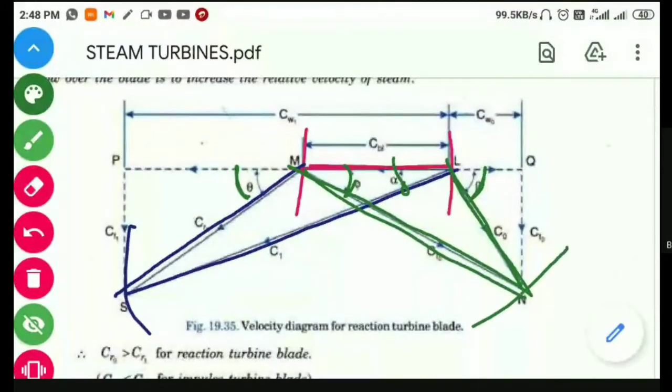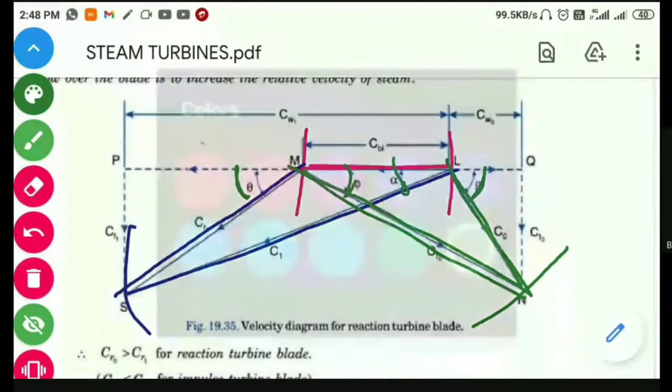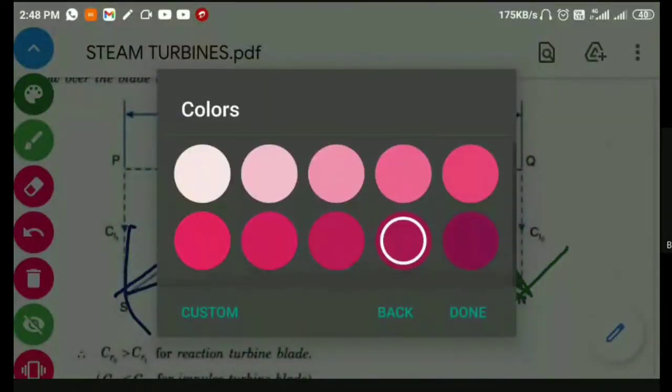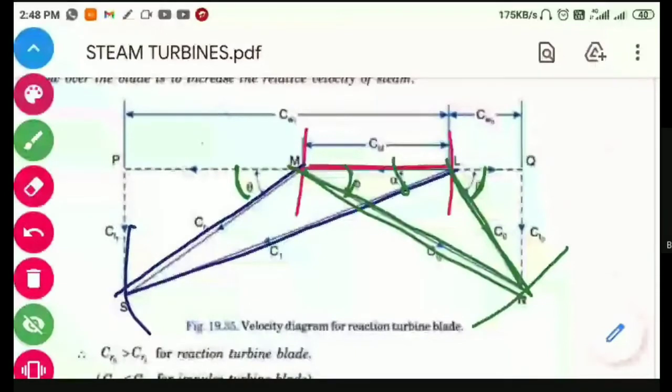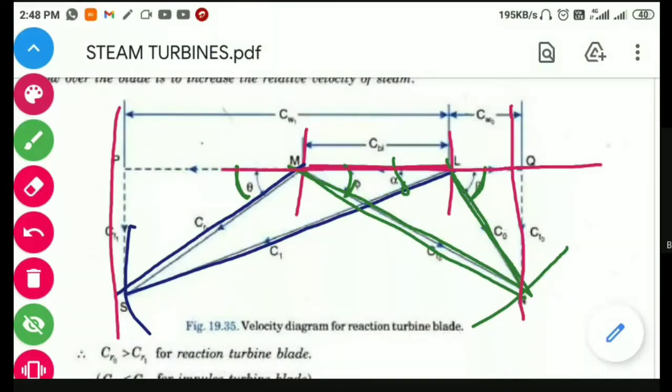Again you get one more point. Then close the figure by drawing vertical lines and a horizontal line along u, so you get one more point here and here.